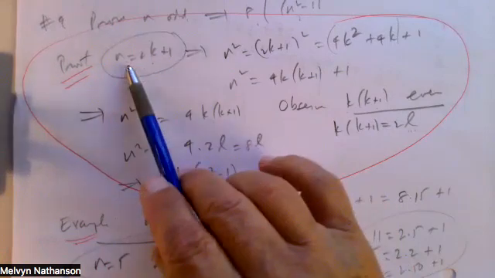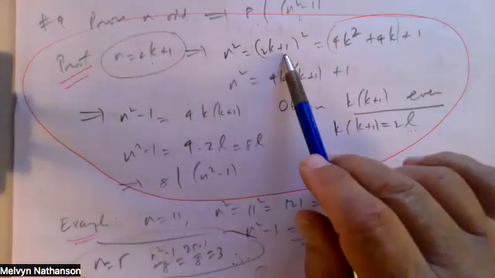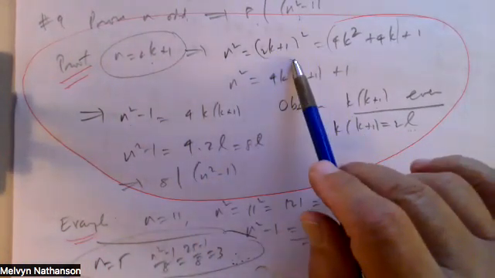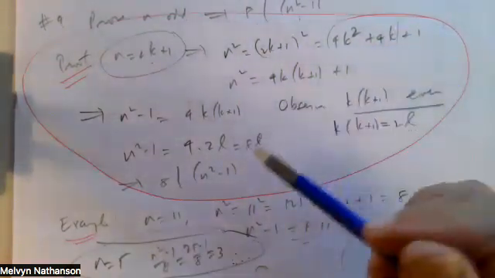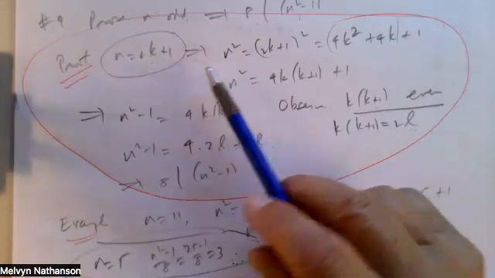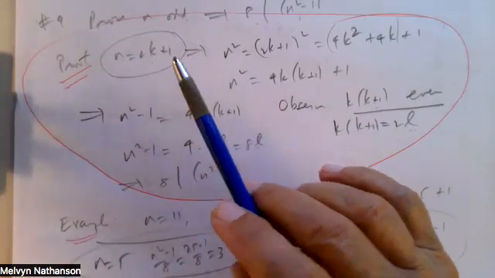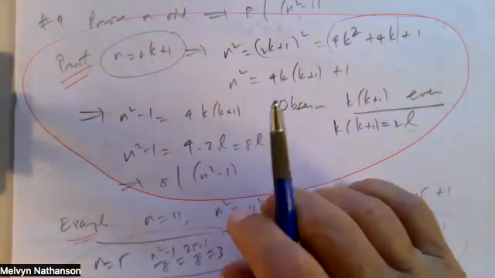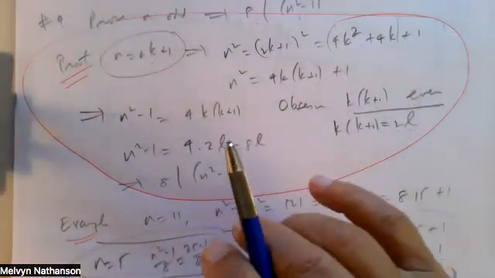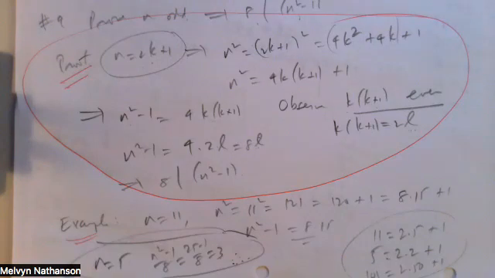So if you take n and you square it, you get 2k plus 1 squared, which is 4k squared plus 4k plus 1. This is the argument. But this is a proof that applies to every odd number. An example is just an example of one particular number, and it doesn't prove anything at all.